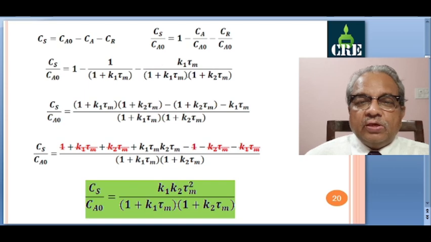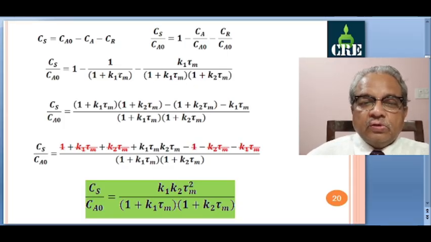Cs we can find by the difference again. Ca0 we begin with 1. 1 minus Ca by Ca0 minus Cr by Ca0. So Ca by Ca0 is 1 by 1 plus K1 tau m. Cr by Ca0 we have just derived, K1 tau m by 1 plus K1 tau m into 1 plus K2 tau m. Solve this. The denominator stays as it is, and this should be multiplied by the LCM, you know.